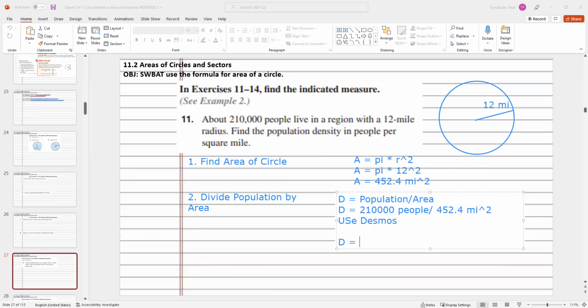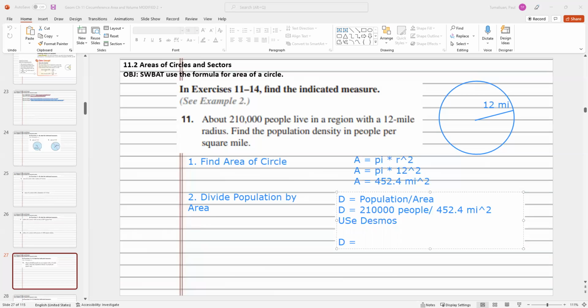D equals 210,000 divided by 452. Oh, sorry, copy and paste. So copy and paste that 452.3893421 into that denominator. And we get 464.2. So that's saying that in 1 square mile, there's going to be 464.2 people.